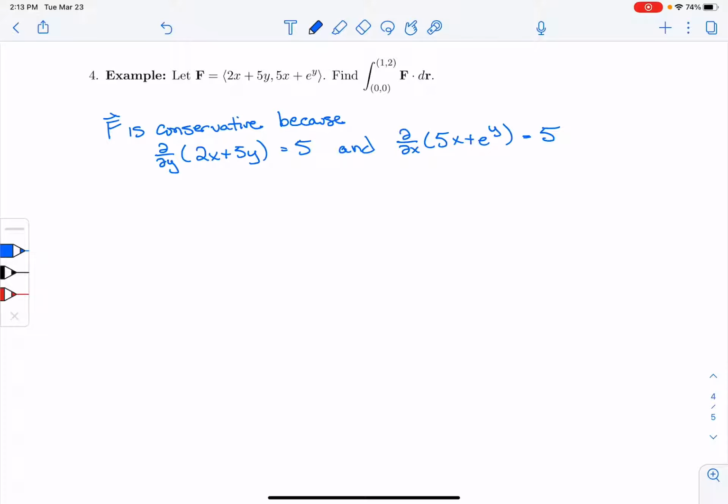Okay, so this is P, that is Q, and so dP/dy equals dQ/dx. That's how we show that a vector field is conservative.